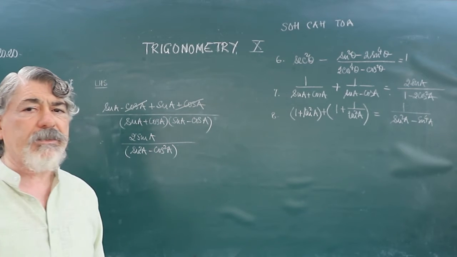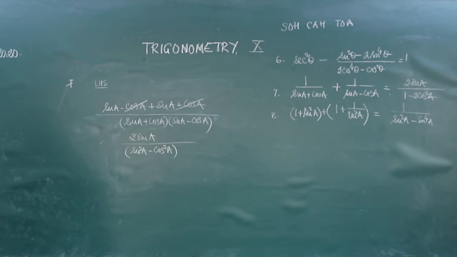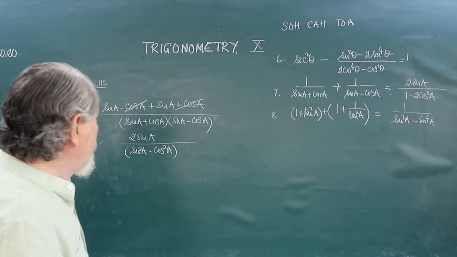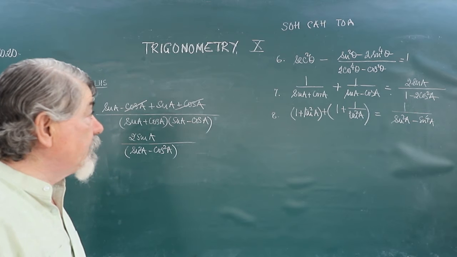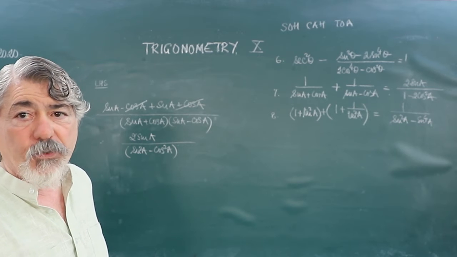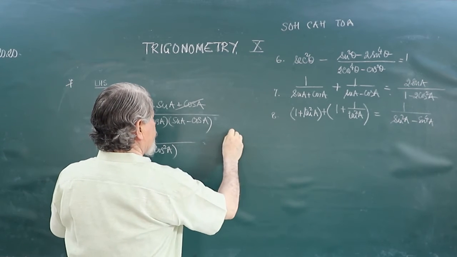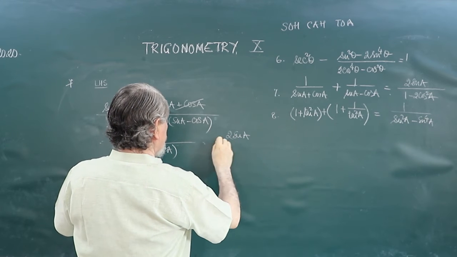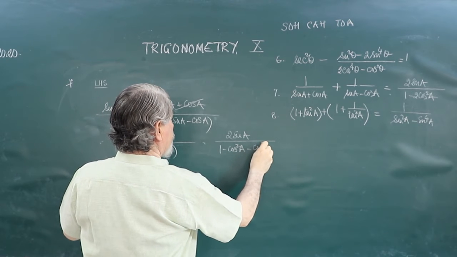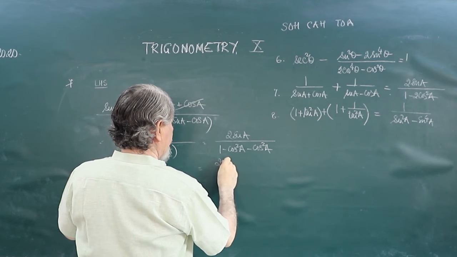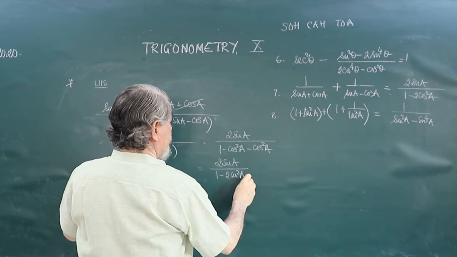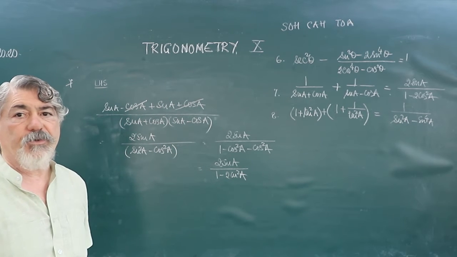So we have 2 sin A upon sin square A minus cos square A. In the denominator I want it in terms of cos square A. So I'll convert sin square A to 1 minus cos square A. It will be 2 sin A upon 1 minus cos square A minus cos square A, which is 2 sin A upon 1 minus 2 cos square A. That is exactly what we wanted.